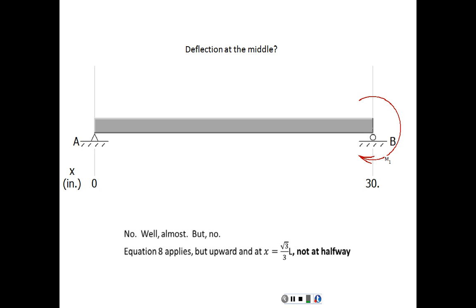Well, it's either at root 3 over 3 L, or it's at 1 minus root 3. It's just which end you're measuring from. Okay, gotcha. It's this far from the moment end, or it's 1 minus that far from the not moment end. Yeah, that's what I'm saying.